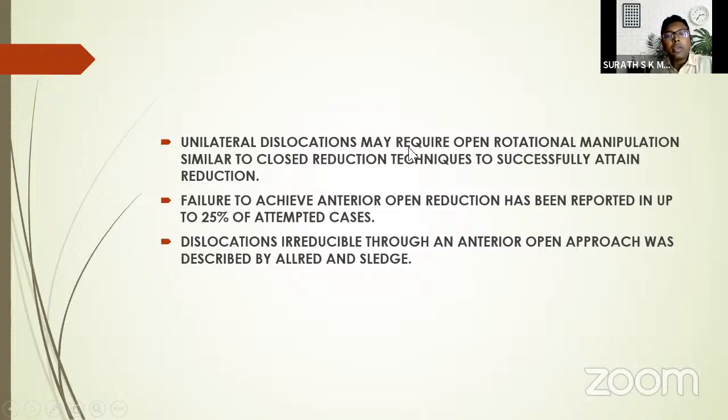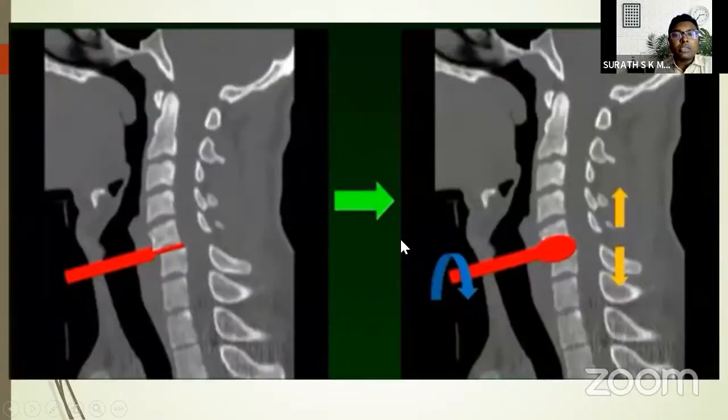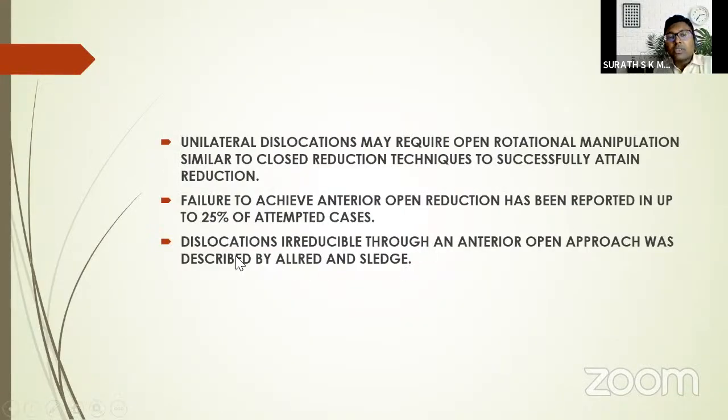If you start from the anterior approach and the reduction fails, there is something called the buttress plate, which is described by Allred and Sledge.